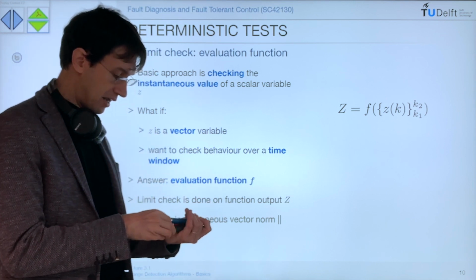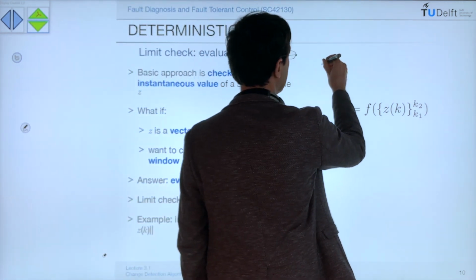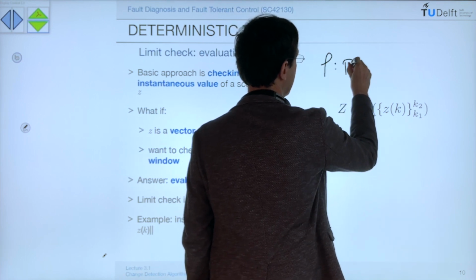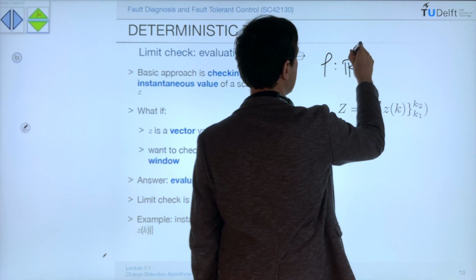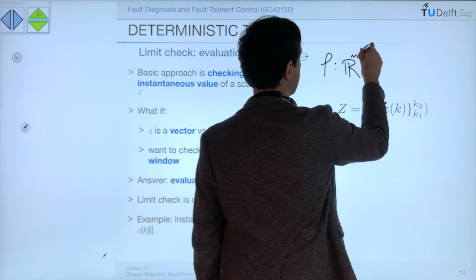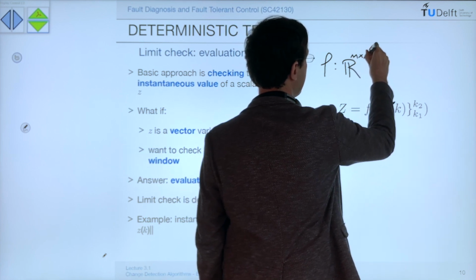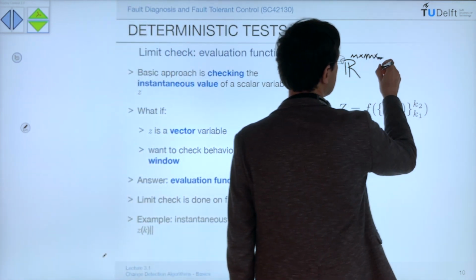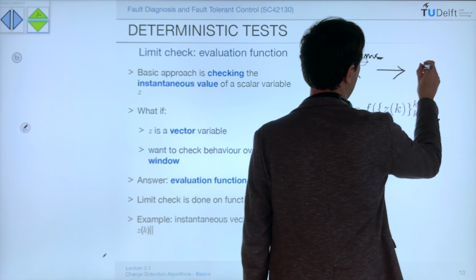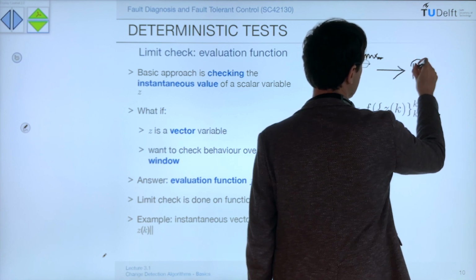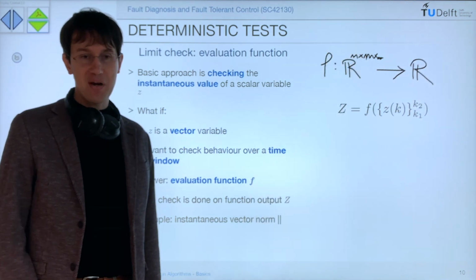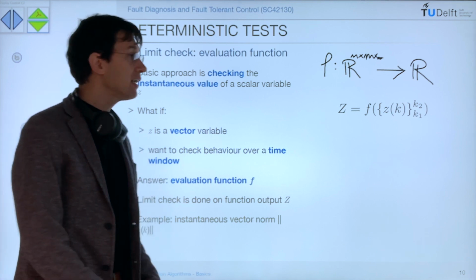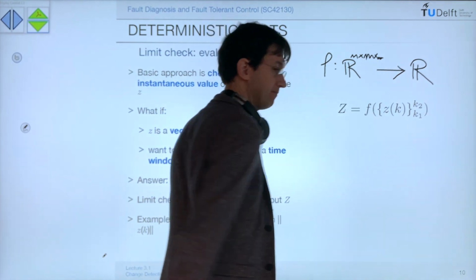So my function f is going from some big domain, let's say R^(n×m), and is mapping this back to R. And then we are good to go because we can simply use limit checking, again, on a scalar variable.